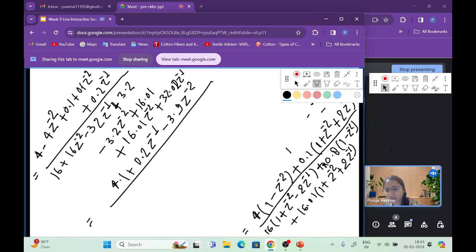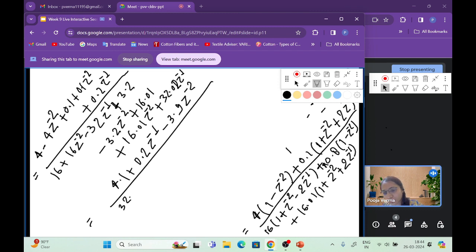Similarly, in the denominator, we will get 16 plus 16.01. What we will get? 32.01 plus here 3.2 is also there.